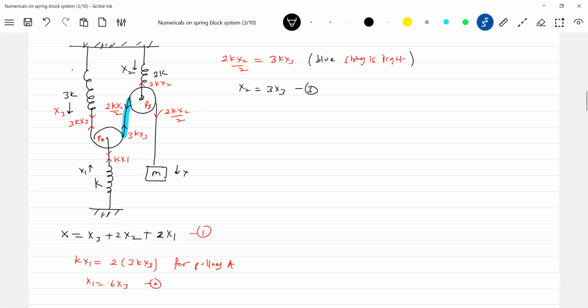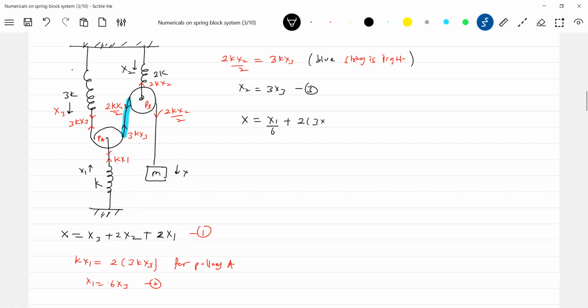Now I can bring x3 in terms of x, all that particular thing. Let me substitute here. x3 is equal to how much? 6x3 equals x1, so x3 equals x1 by 6. x2 will be 3x3.